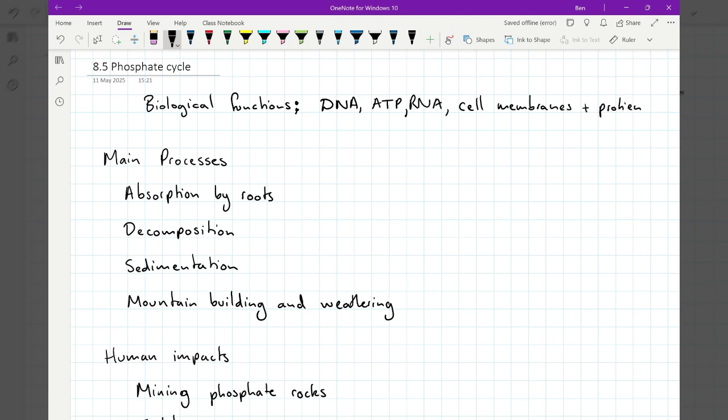So it's used in loads of different biological molecules. It's also a component in bones. Your bones are made out of calcium phosphate. So that's another place where it's used.